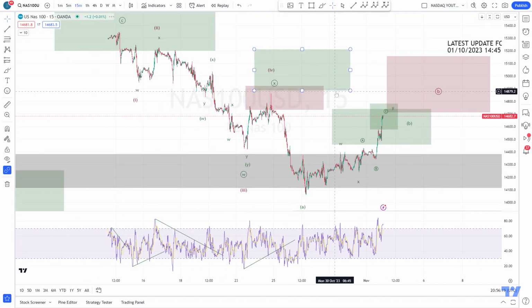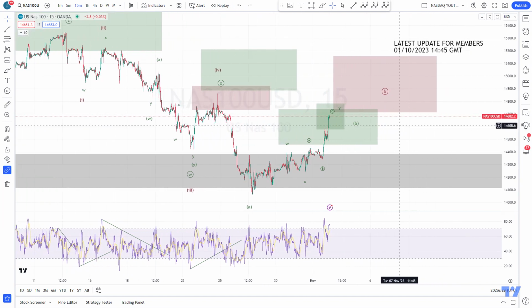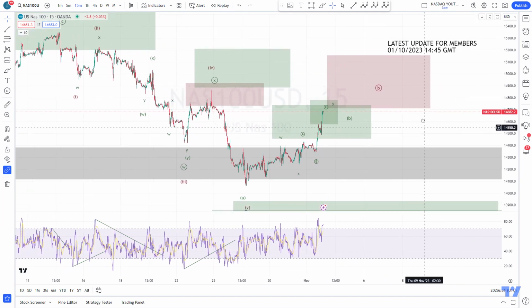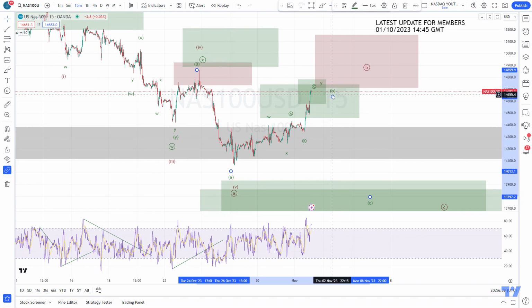So it could be that this structure here is actually ending. And if we respect these areas right here, then I believe the scenario in green is playing out, where this is wave A, this is a corrective wave B right here. And then what should follow is a wave C down.